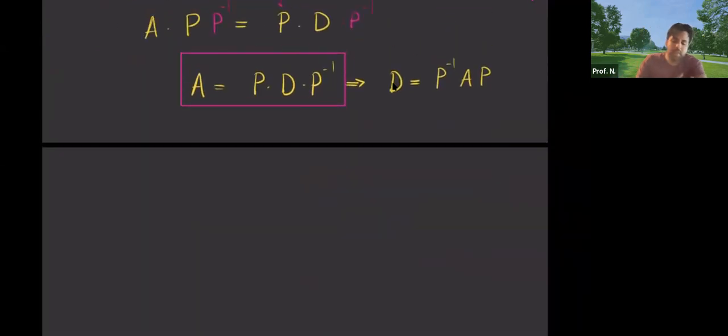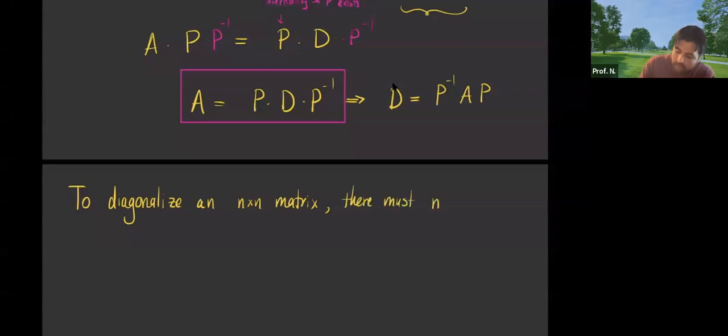So there's a requirement. To diagonalize an n by n matrix, there must be n linearly independent vectors.